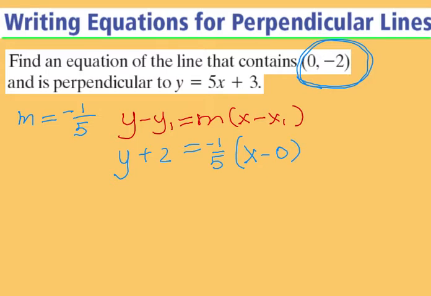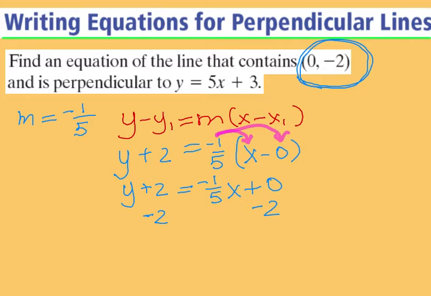Now if I rewrite that equation into slope-intercept form, I'm going to distribute negative 1/5 over here. So y plus 2 equals negative 1/5 x, and then negative 1/5 times 0 would just be 0. Anything times 0 is 0. And then to get y by itself, I need to subtract 2.